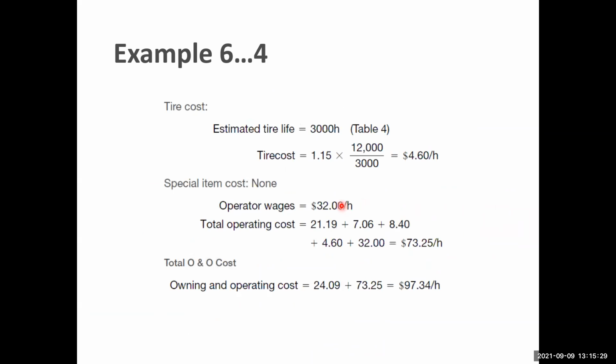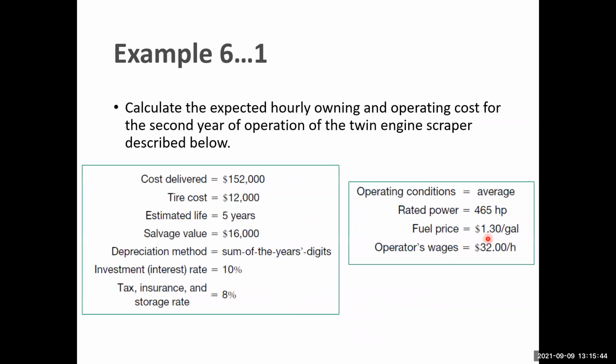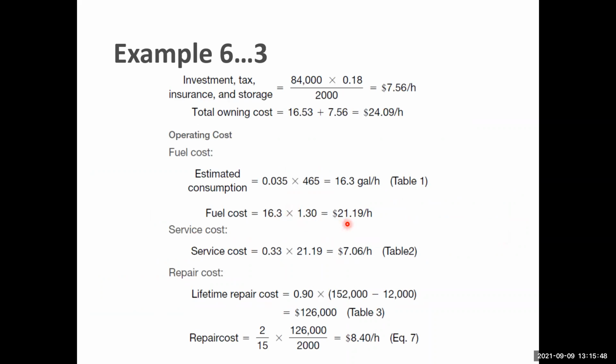So 0.035 multiplied by 465. So this machine will use 16.3 gallons per hour. So the fuel cost will be 16.3 multiplied by 1.3. That is, the fuel price was $1.3 per gallon. So it will make it like $21.19 per hour. That will be the fuel cost.